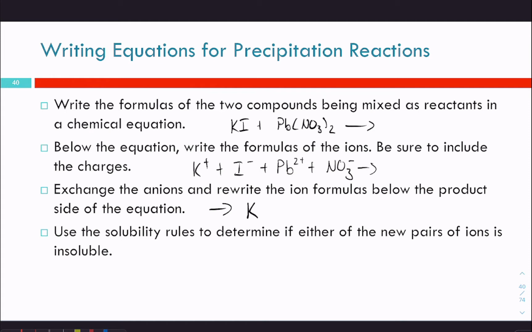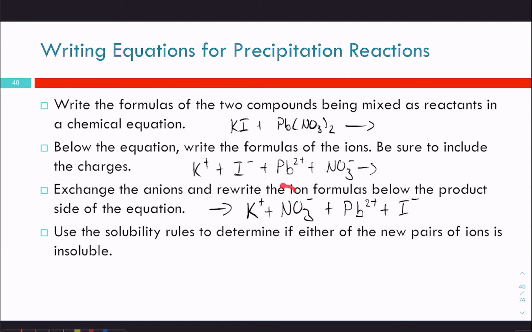We're exchanging the anions. So potassium was combined with iodide on the reactant side. On this side, it will be combined with nitrate. And then lead will combine with iodide.